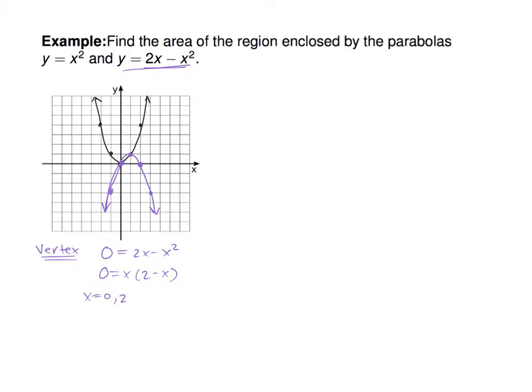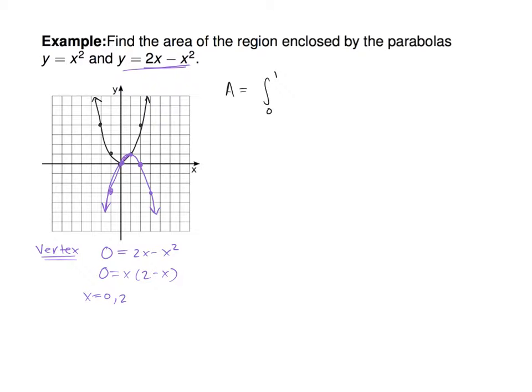Now when they say enclosed, they didn't tell us bounds, they just want to know the area in between them, the finite area, nothing infinite. So in your integral, what is the left bound? 0. Yep, you put the x value, which is 0, and then the other bound is 1.